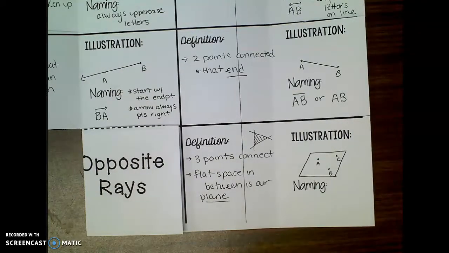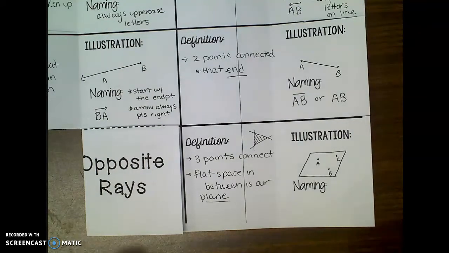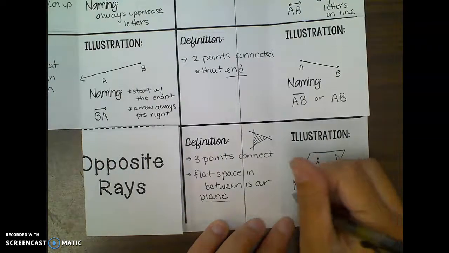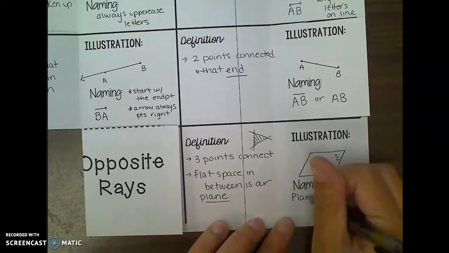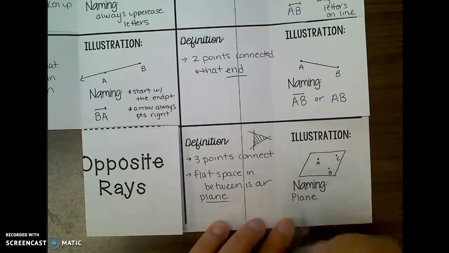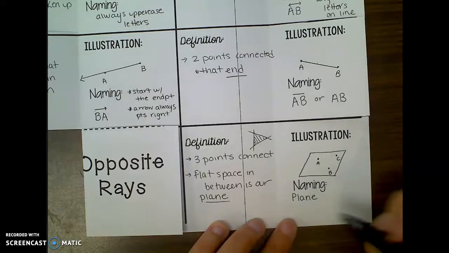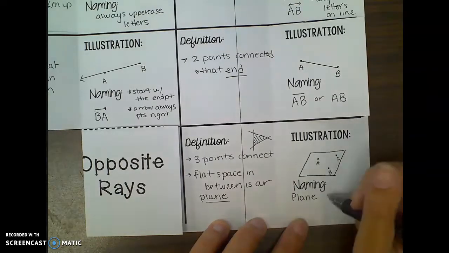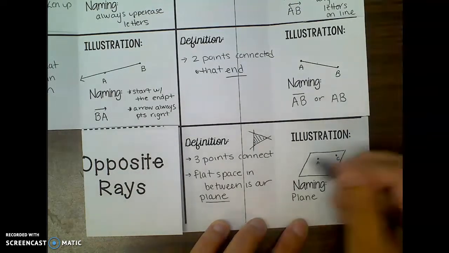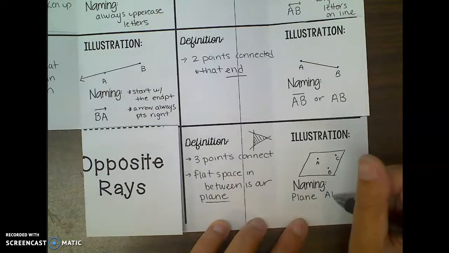And so there's a couple of ways we can name a plane as well. Because a plane has to have at least 3 points, we could name it plane. And this one we actually have to have the word in front of it. There's not a symbol that goes over top of it, unfortunately. So we could name it plane and then any 3 points that are on it. So in this case, ABC.